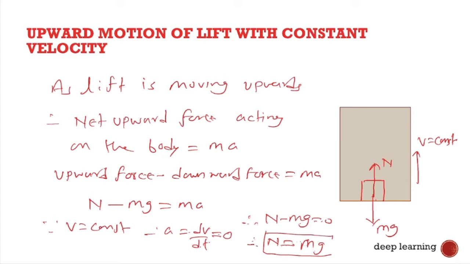The normal reaction is exactly equal to the weight of the body, so there will not be any change in the weight of the body if the lift is moving upwards with constant velocity.